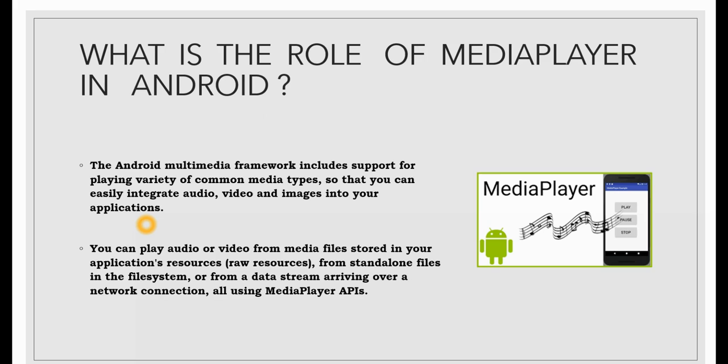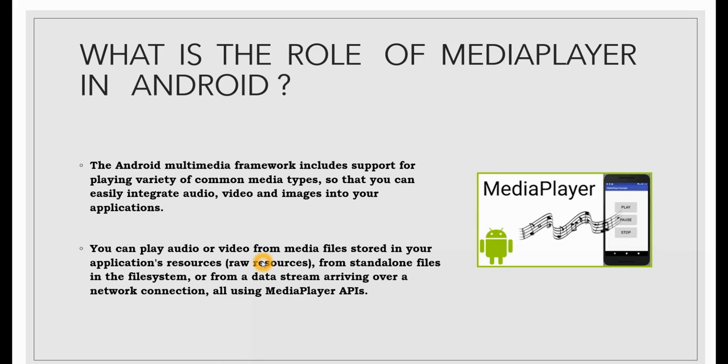You can play audio or video from media files stored in your app resources. So when you write an Android application, under the resource folder, you have to create a new folder, raw folder, and inside that raw folder you can put all your videos, audio, etc., which have to be used by your app.